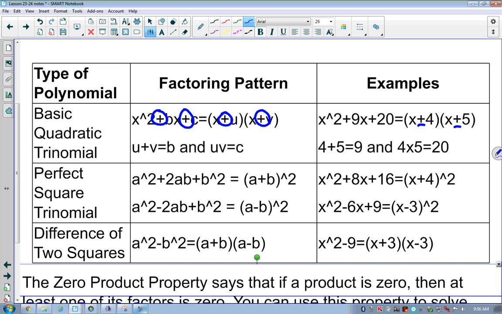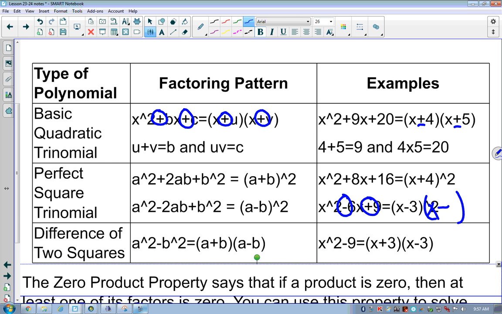Okay, so I should get minus 3 is going to add up to negative 6. Negative 3 times negative 3 is going to give 9. So I get x minus 3 squared, or x minus 3 times x minus 3. Okay, so if I see minus plus show up here, I should be getting minus minus there.